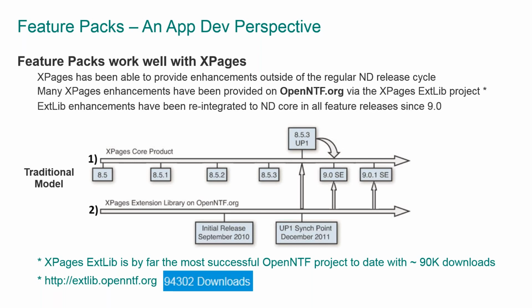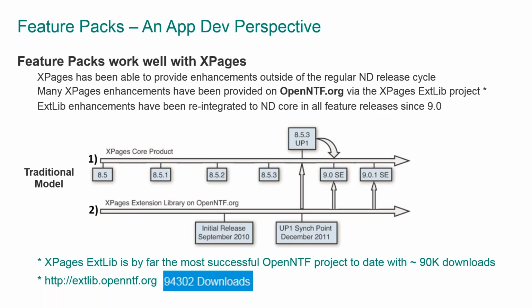But what that started out to be was really an experimental project to show how extensibility worked. And the community latched onto it and started to enhance it and started to install it and put it into production. So it came back to us that we ended up having to support this earlier than planned. So we put in an upgrade pack and reinserted the contents of the extension library into 8.5.3.